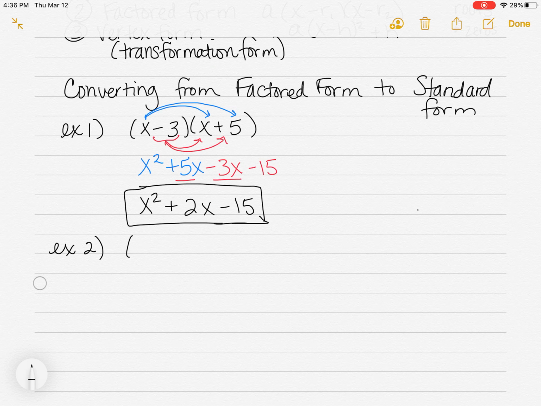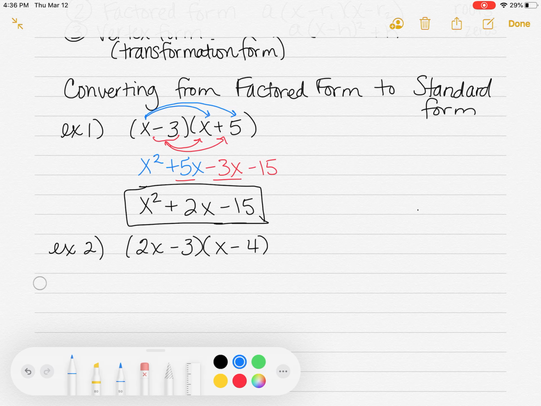Let's look at another one: 2x minus 3 times x minus 4. We're going to convert from this factored form back to standard form. Again, we're going to distribute.